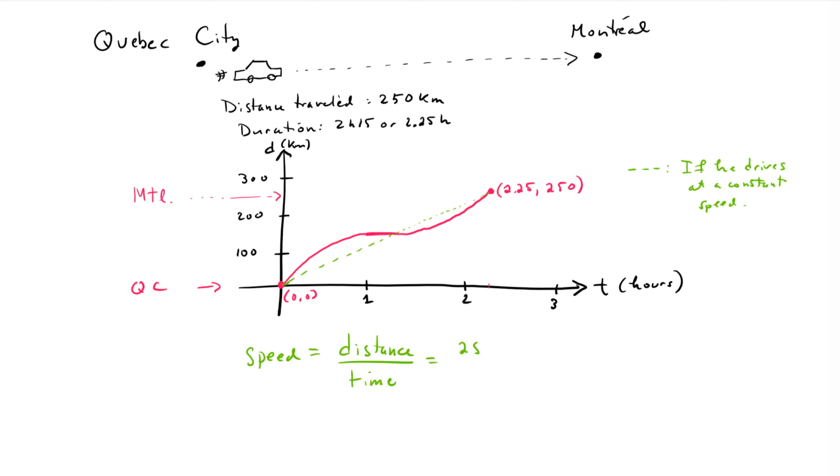So here he's traveled 250 kilometers, traveling during 2.25 hours. You calculate this, you get 111.1 repeated kilometers per hour.